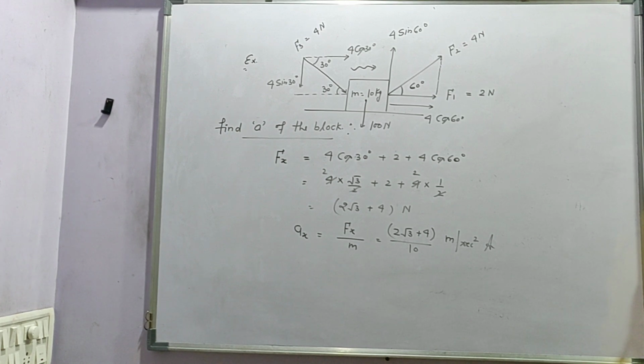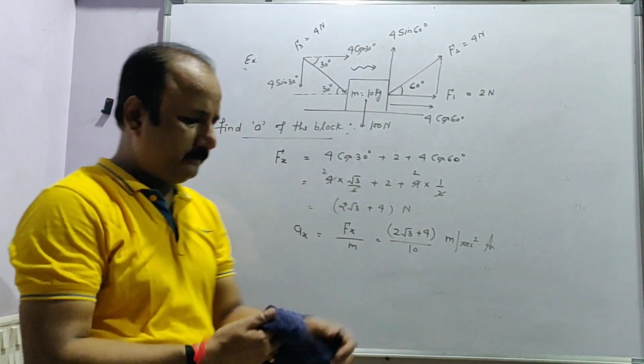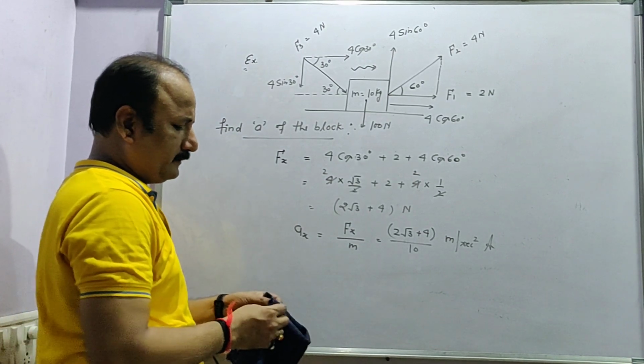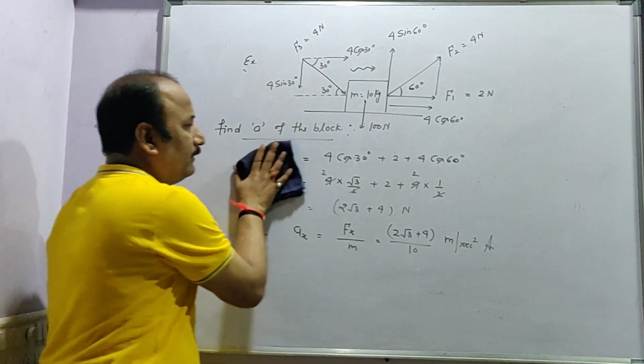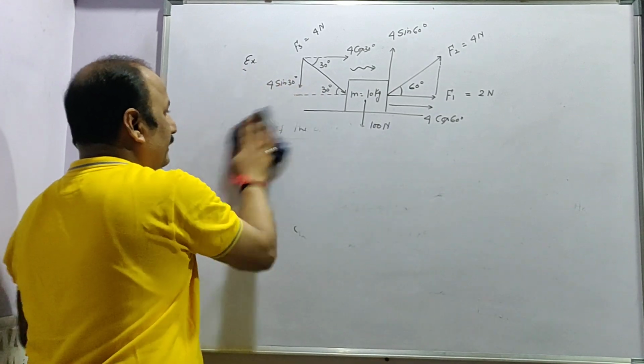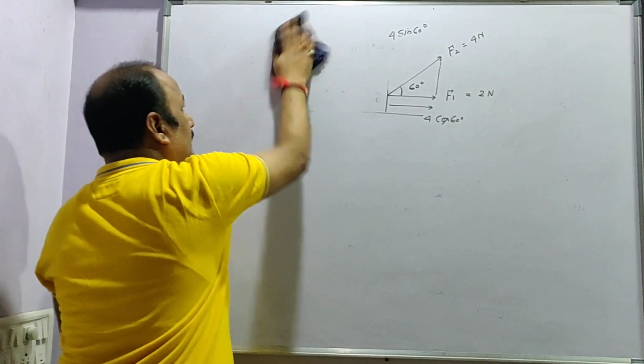Due to this force the body will accelerate along the x-axis with acceleration Ax equal to Fx upon m, and the net force is (2√3 + 4) upon 10 meter per second square. So basically, in a number of questions, resolution is required. If a force or any vector is taken along the x axis or y axis, there is no problem, but if it is given at some angle, then we can do it in this way.